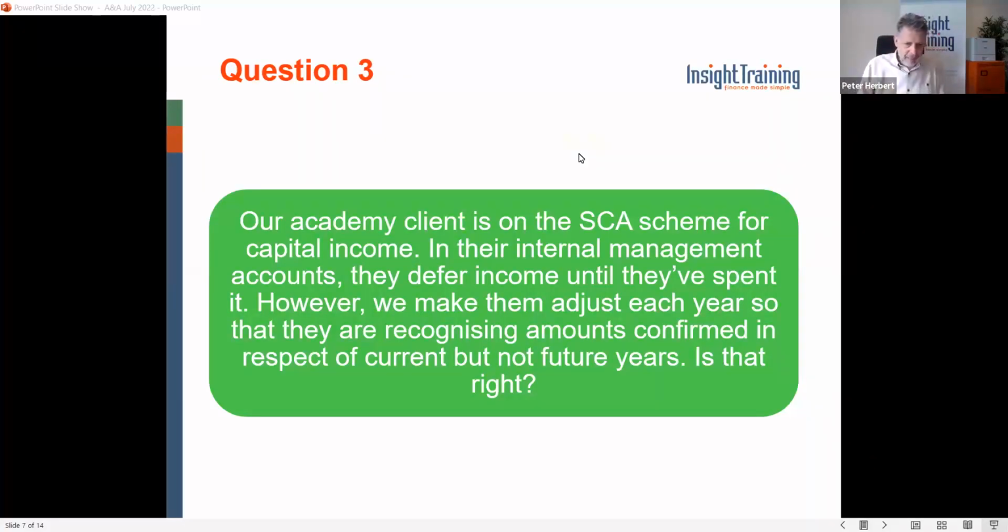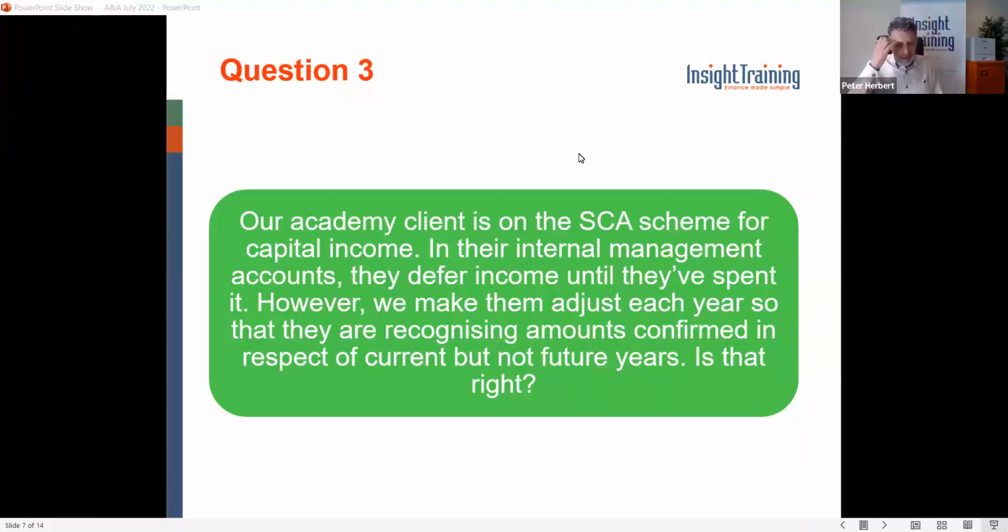Now, with this example, I would say where you've had a multi-year capital grant application that's been accepted, and where you're over the line and there's no substantive performance conditions to comply with to qualify for the next year's monies, and the next year's and the next year's, what you will do is bring all that income into the SOFA in that first year and restrict it.